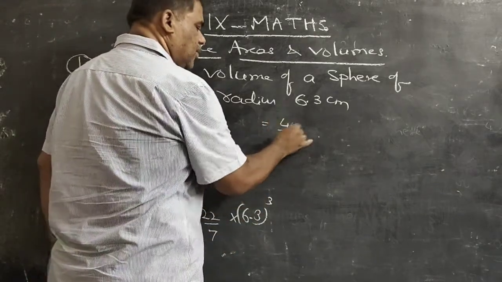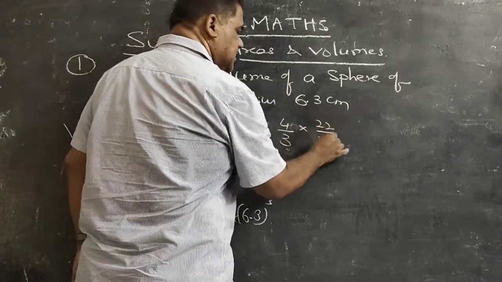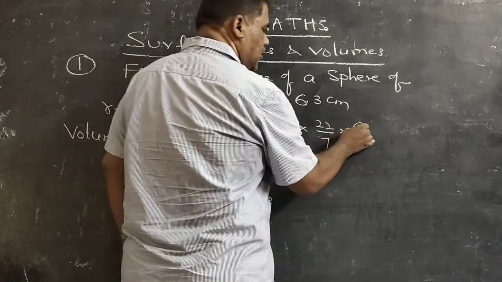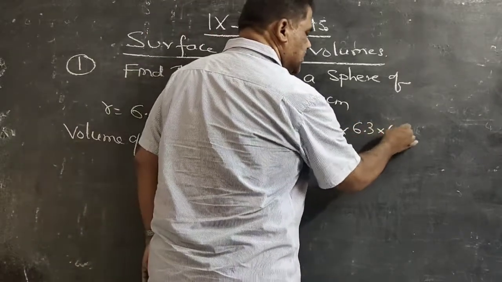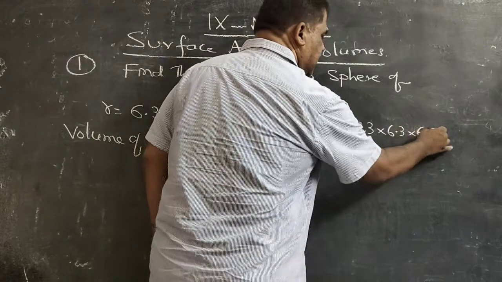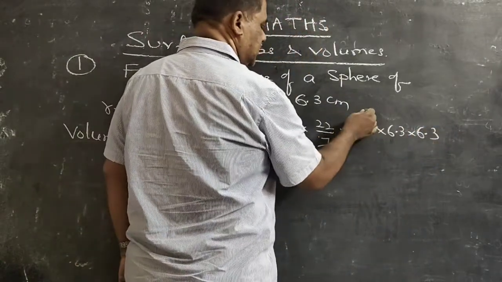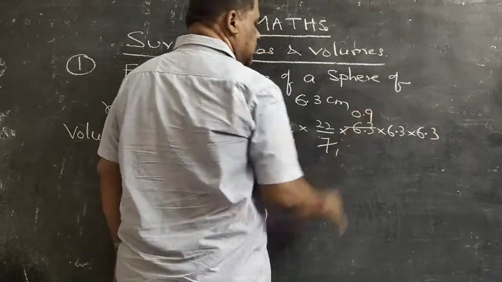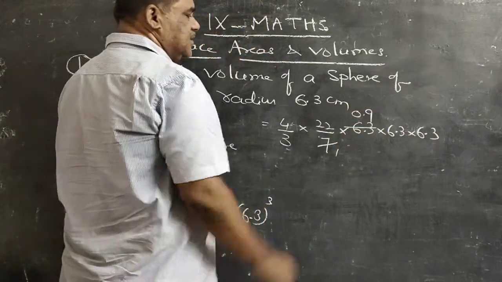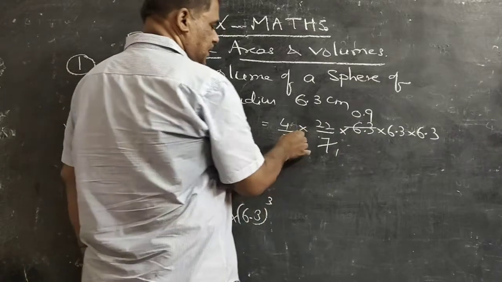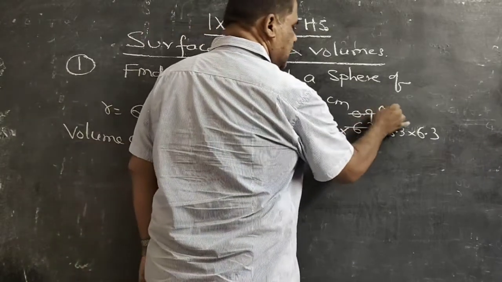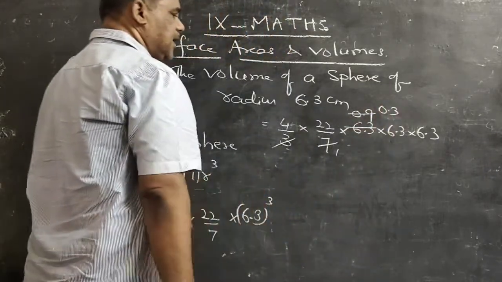So it is 4 by 3, 22 by 7. 6.3 whole cube means 6.3 into 6.3 into 6.3. So 7 9s are 63, so 0.9. Next this is 0.3, 3 3s are 9.